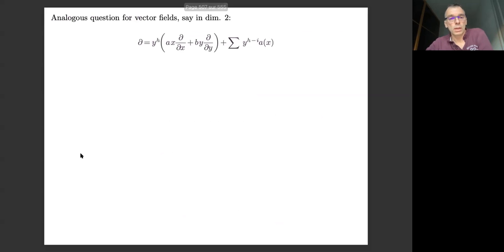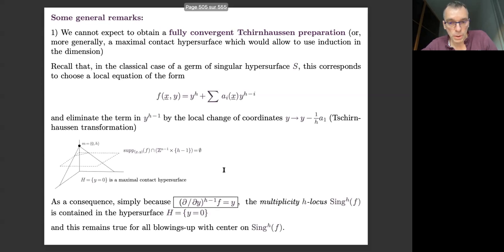Okay, so let's suppose that you have this analogous situation where you have y to the power h, which corresponds to the height of the main vertex, and then I suppose that you have some sort of expansion like this. So now, what should be the analogous of this differential operator action here?